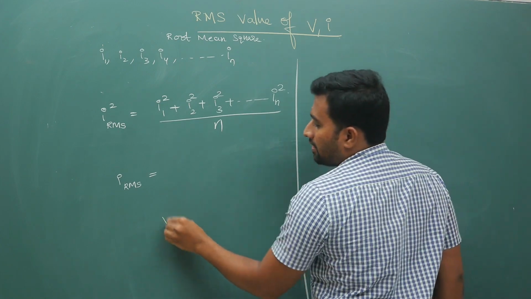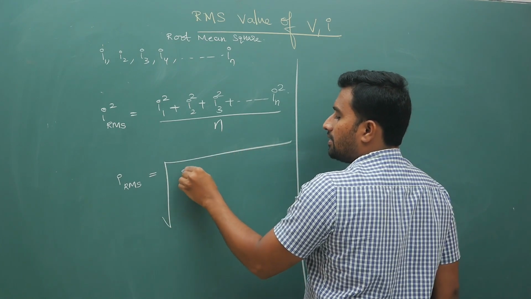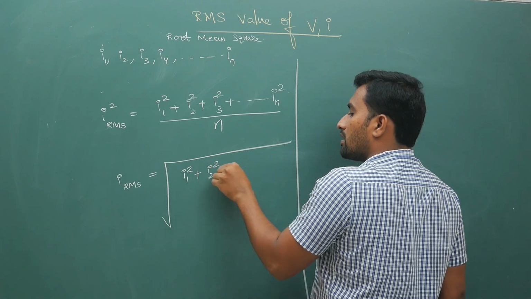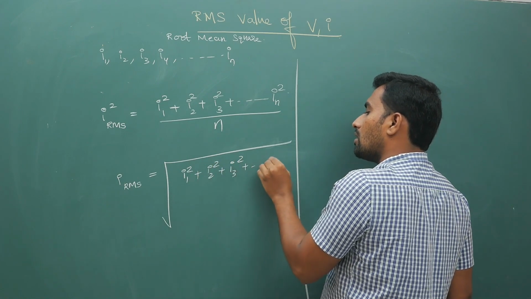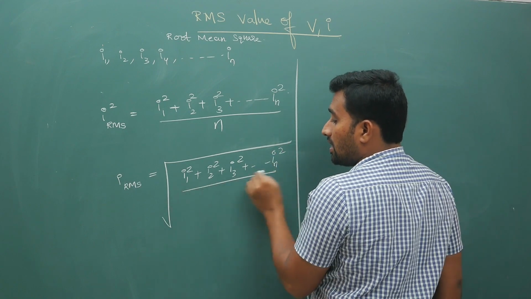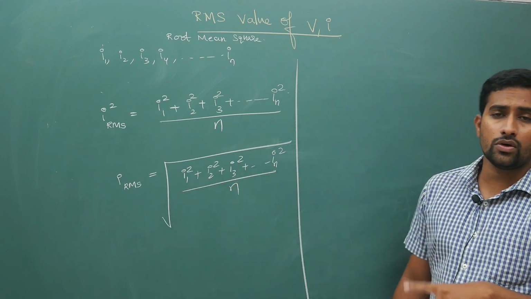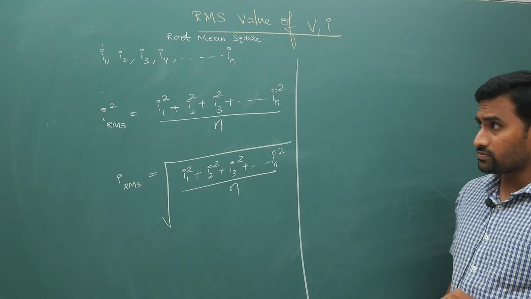So your I RMS value is the square root of (I1 square plus I2 square plus so on up to IN square) by N. If individual values are given to you, this is what you are supposed to do.